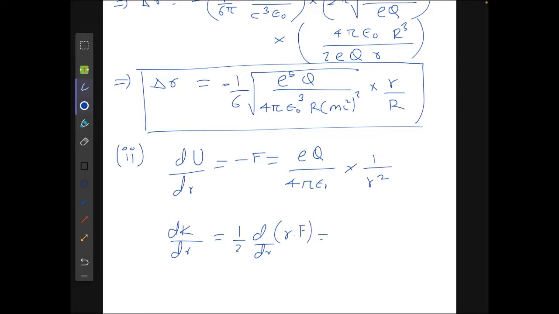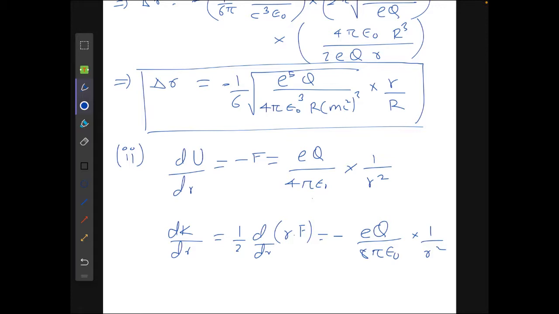But here we have to observe that dK by dr will come out to be negative eQ by 8 pi epsilon naught multiplied by 1 over r square. So this implies that as r increases, the kinetic energy actually decreases, which is very counterintuitive. But yeah, that's how it works.